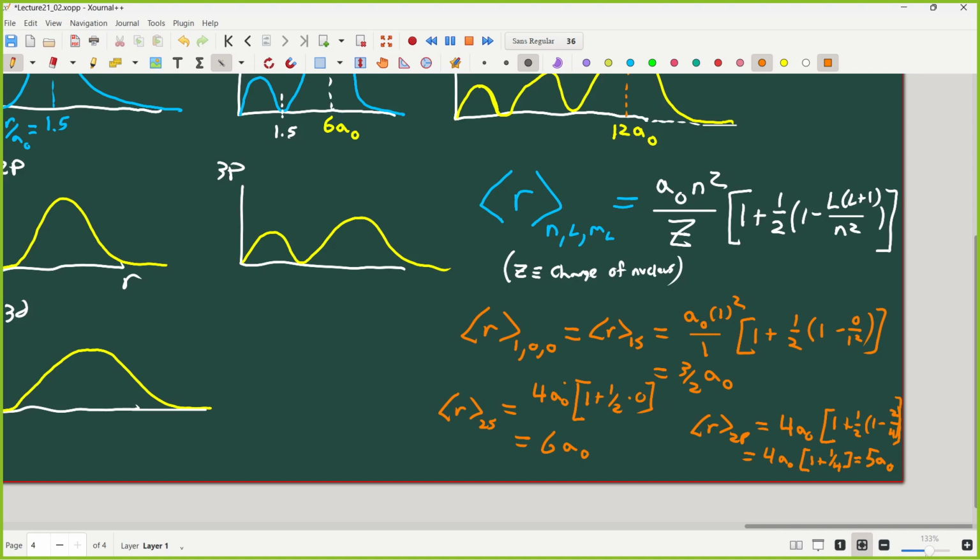And as I start to spin it up, it actually pulls the electron in a little more closely. Well, it seems counterintuitive because I explained that as you start to spin it faster, it should push it out further. But there's a fine balance here between the charge attraction and the angular momentum. And it turns out that when you rotate this electron like this, it actually pulls it in a little bit at fixed n.